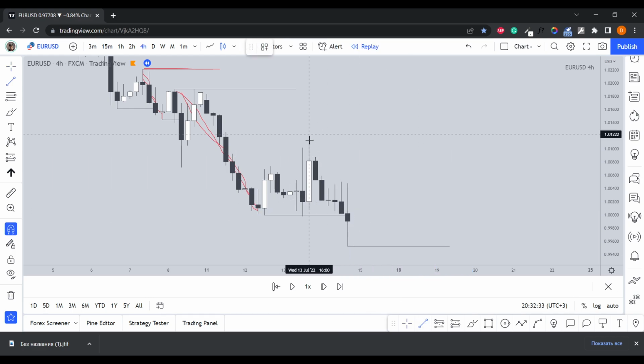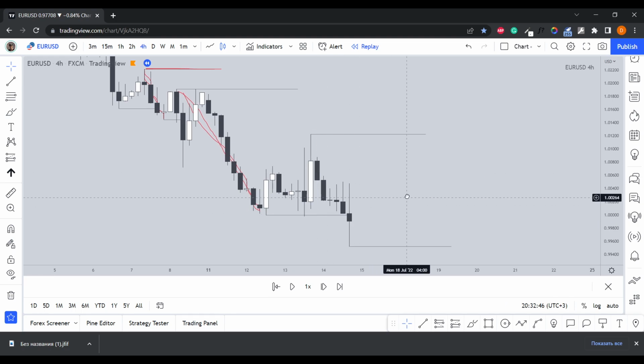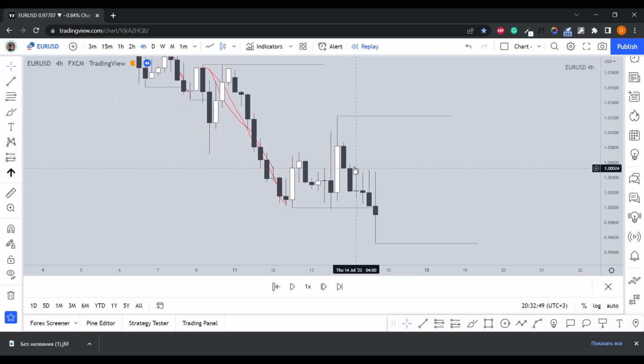So this is not the clearest price action, of course. And we want to follow the price back and find where the pullback happened for the last time before the break of structure.